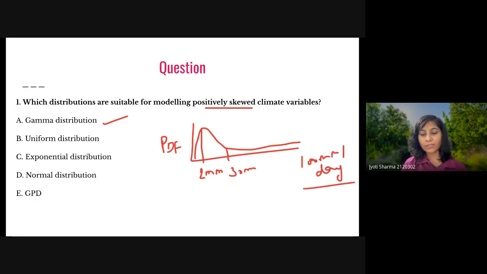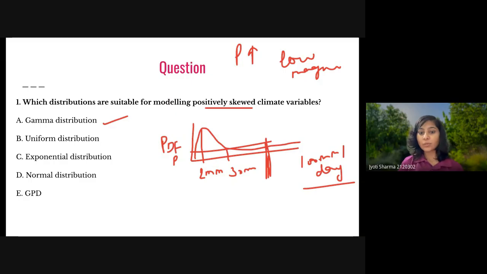What we are learning is that we have a high probability of getting low magnitude rainfall, but a very low probability of getting high magnitude rainfall. This is a positively skewed data set, right? So the rainfall data set is mostly positively skewed.